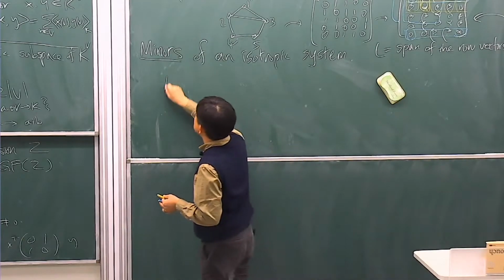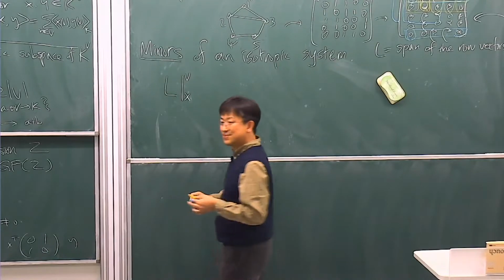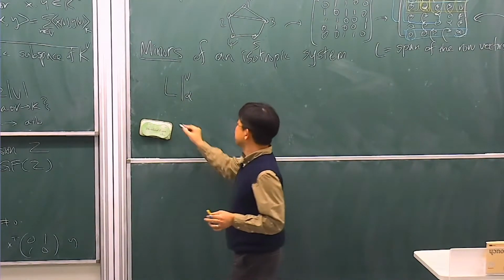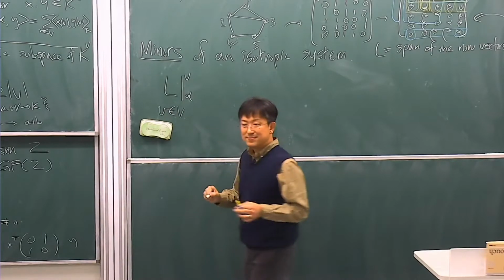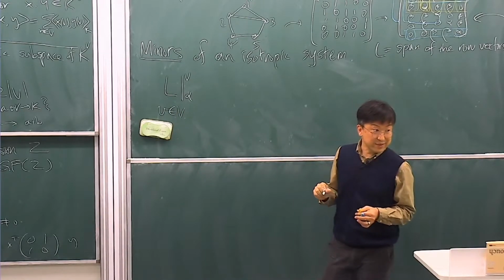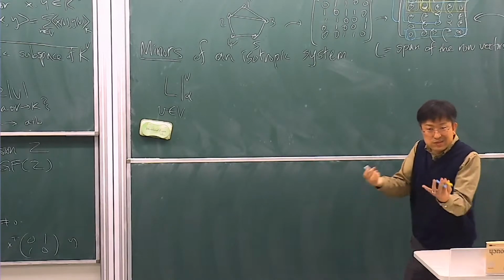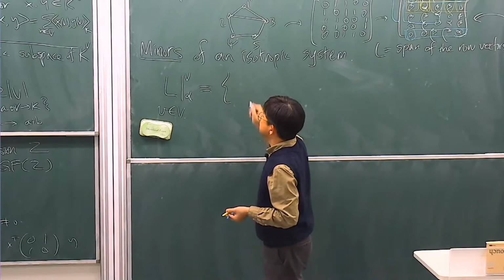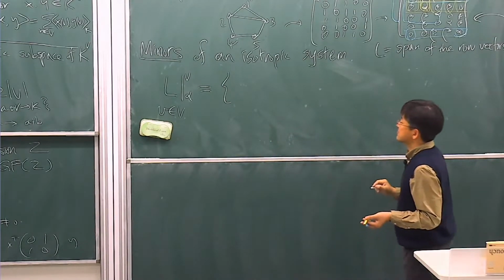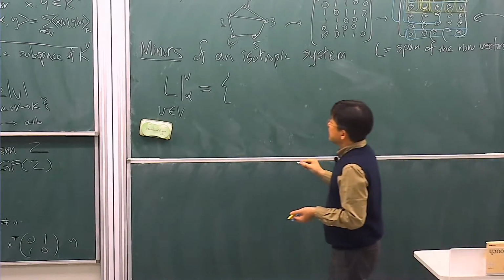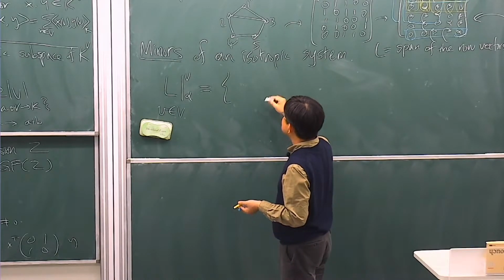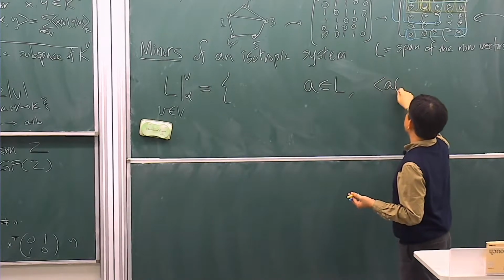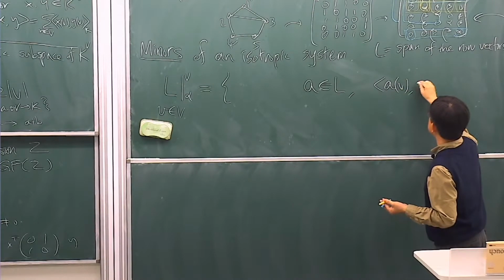So I'm going to define, let's say it this way, L_{v,alpha}. Here v is an element of the finite set V, and alpha is a non-zero element from K. So what is this? I'm going to select all the vectors in L with a_v orthogonal to alpha.